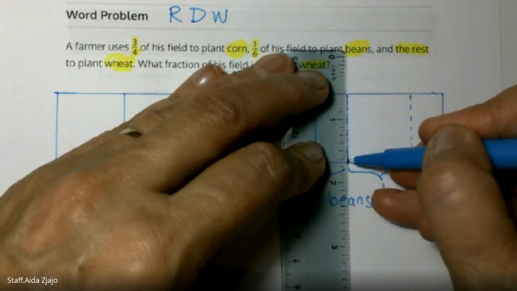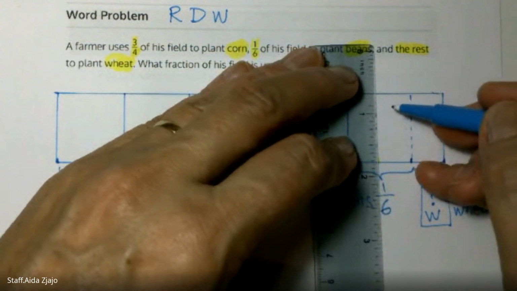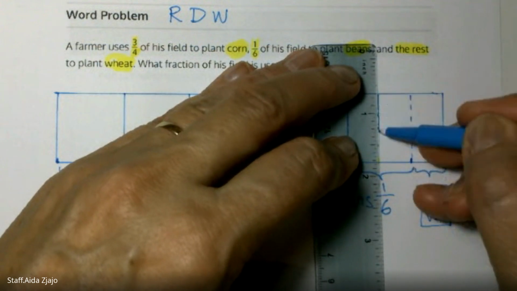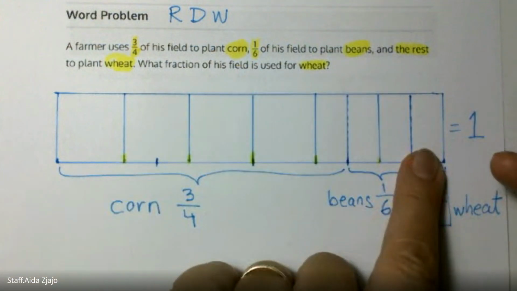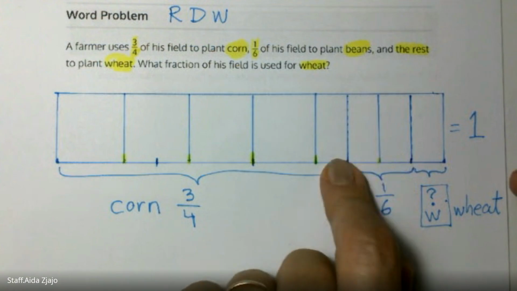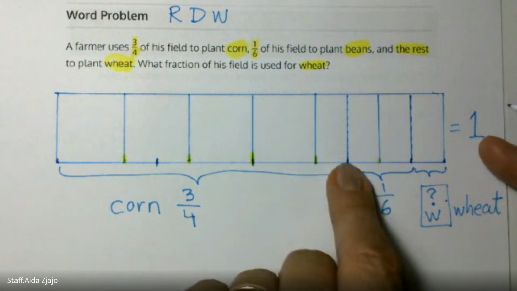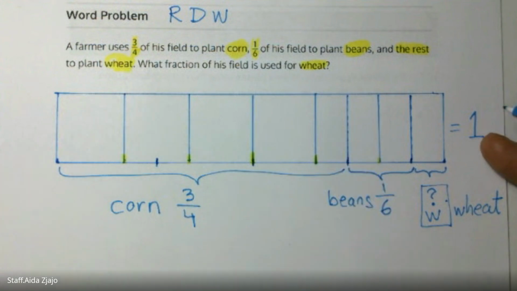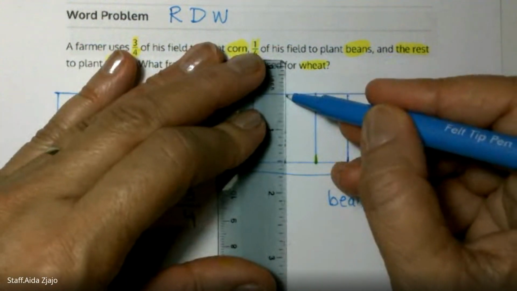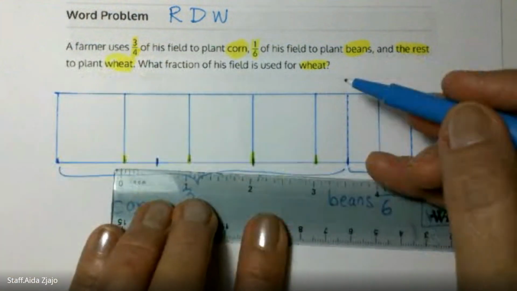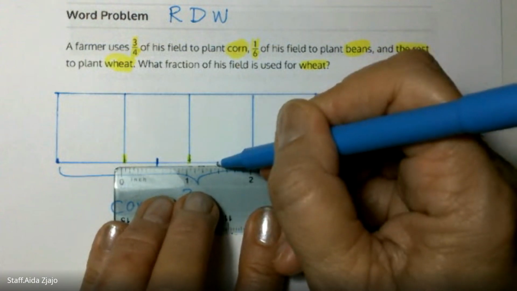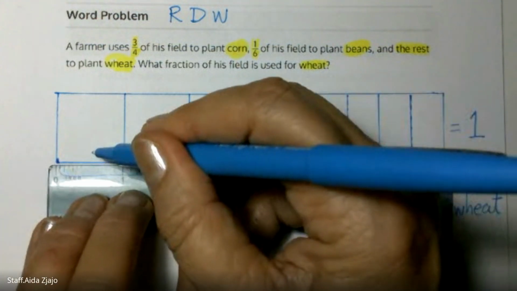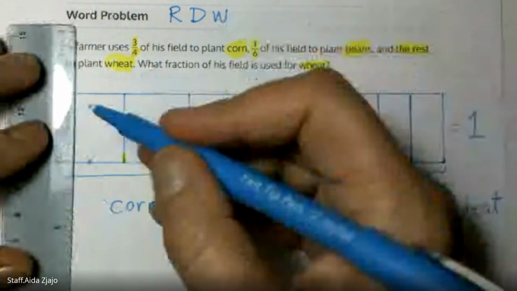So I need to think, what could I do to make equivalent pieces? I already have a piece, so I need each of these 6 to be cut in half in order to make equivalent pieces. So 1 inch is going to be half, and this is half, and this is half.